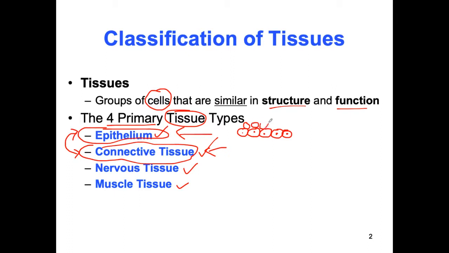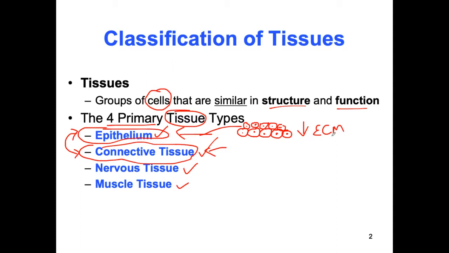And again, you see how closely packed these cells are to one another under a microscope. And this is one of the characteristics of epithelial tissue, is that the cells are closely packed together with very little extracellular matrix. ECM stands for extracellular matrix. Extracellular means outside of the cell. It's the substance that's found between the cells. So with epithelium, the cells are closely packed together.